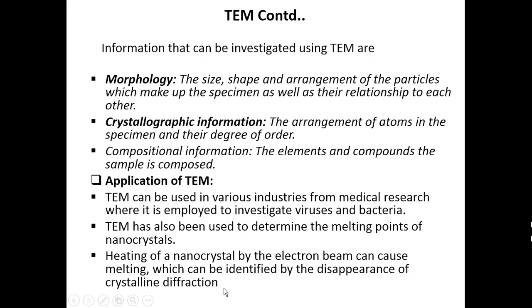The very high energy beam heats the surface of the sample, and the order in which the nanocrystal is arranged will be disrupted, so the diffraction disappears. Such an effect can be identified by the disappearance of the crystalline diffraction. That gives the operator an idea of the melting point of the nanocrystals of which that particular material is made.